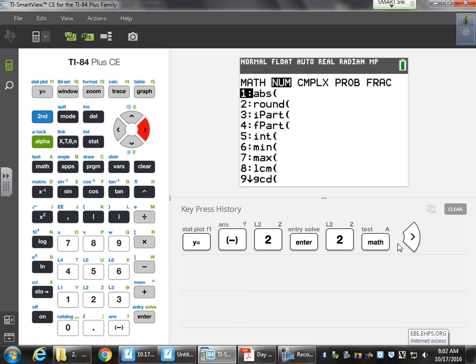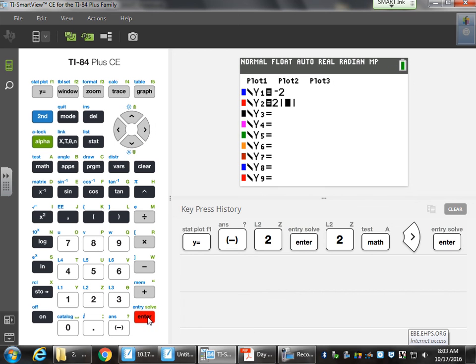If anybody's struggling with that, ask Missy to come over. She'll help you with that. So we hit math, then NUM, and now I'm going to hit enter to select that one, or you could actually hit 1, your choice. And now I have absolute value bars.